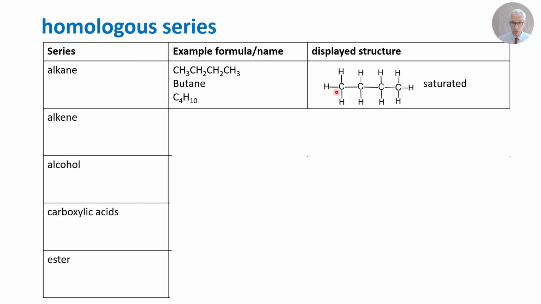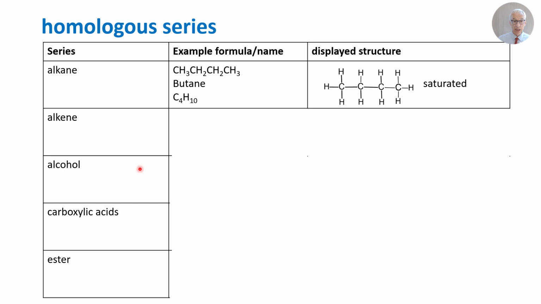The displayed formula or displayed structure shows all the bonds and the atoms and their positions. We would refer to that as a saturated molecule in that the carbon-carbon bonds are single bonds. So where there are carbon-carbon single bonds only, the molecule is referred to as saturated.